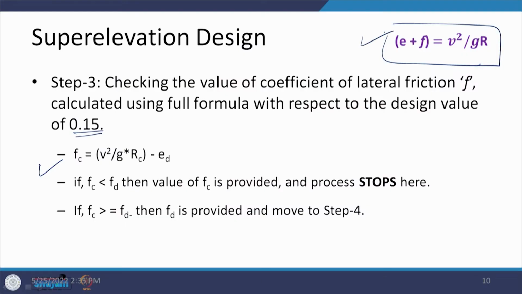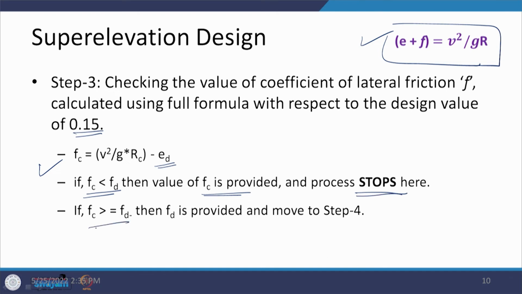If you look at this equation, F is equal to V square divided by GR minus E, where E is nothing but ED, because that is the value at which it is being made constant.